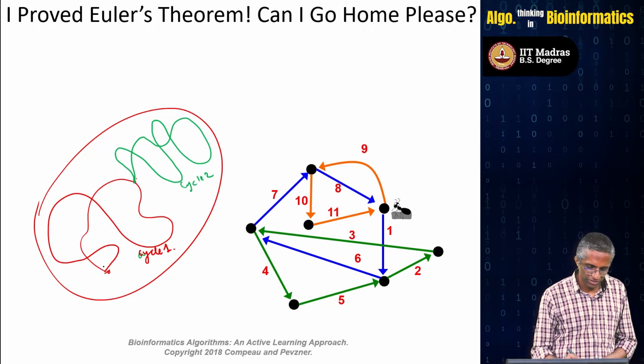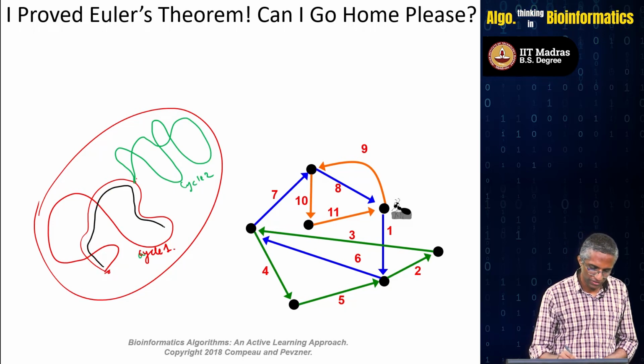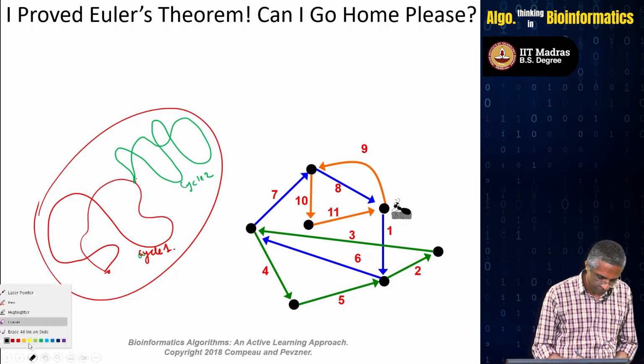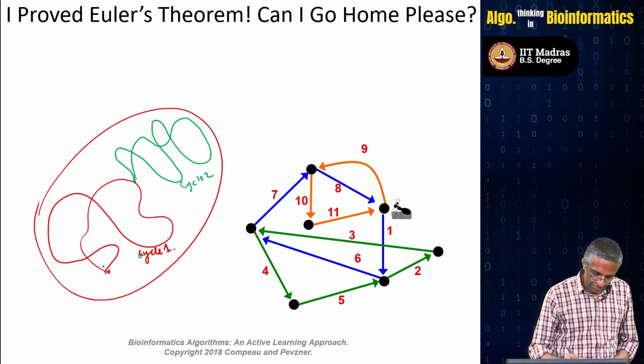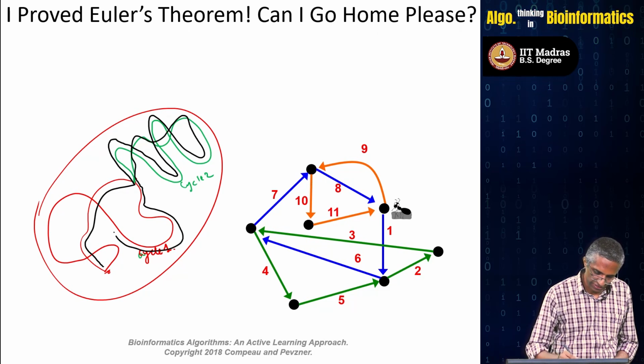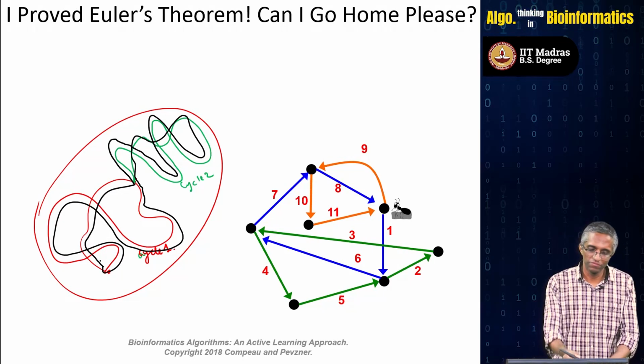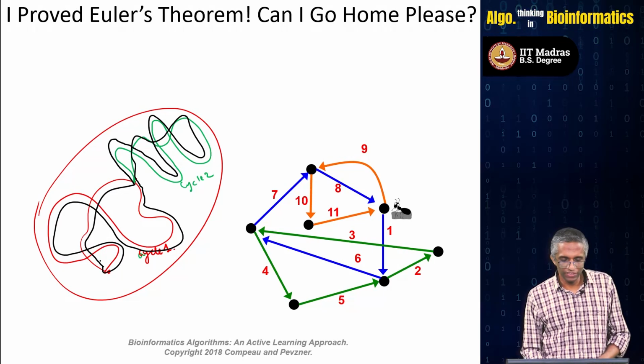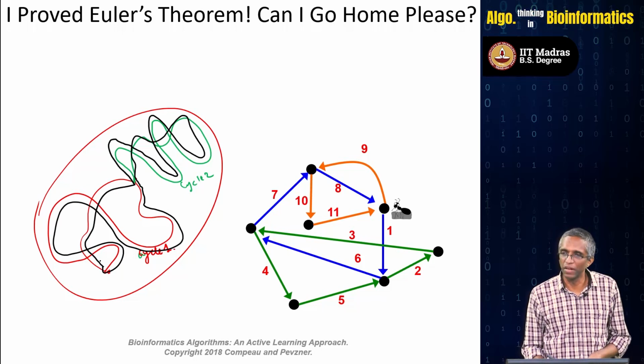So you can start from here, you can go along like this, and then at this point you will go along like this, and then you come back to your red cycle. So both the red cycle and the green cycle can be merged into this one big black cycle.